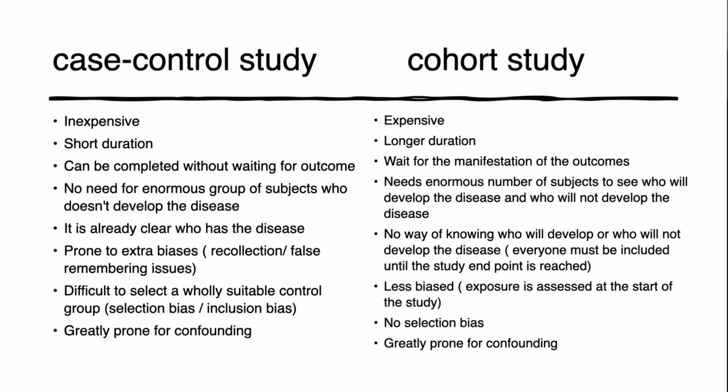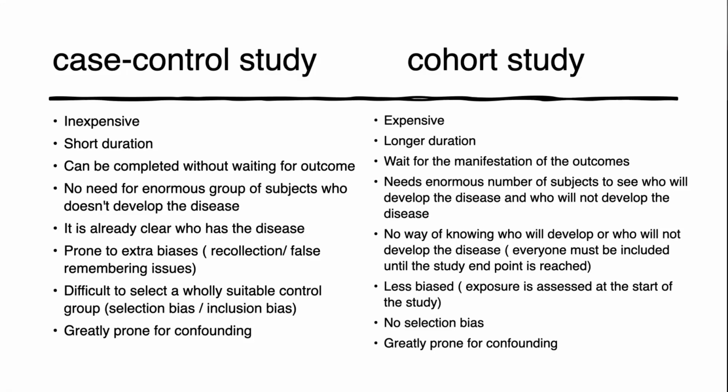So in case control studies, we already know who has got disease, who doesn't have disease. In cohort studies, we can't know when we include the patients whether they have disease or not. Only at the end of the study or a trial, you know that these patients have got disease and this patient does not have disease.